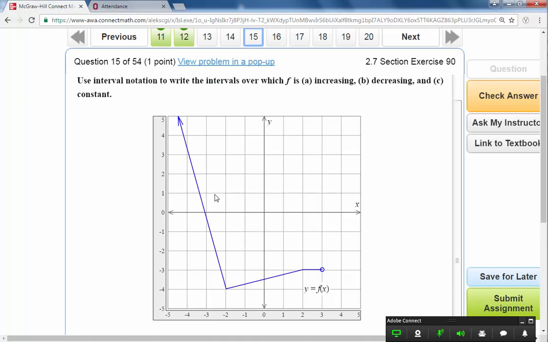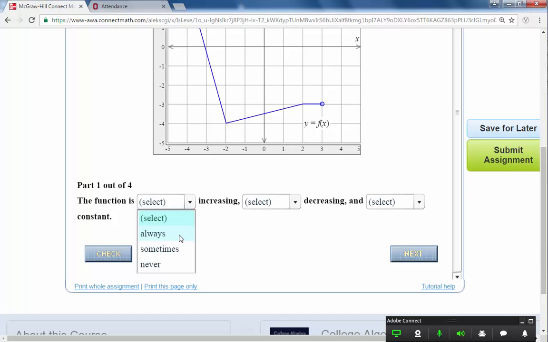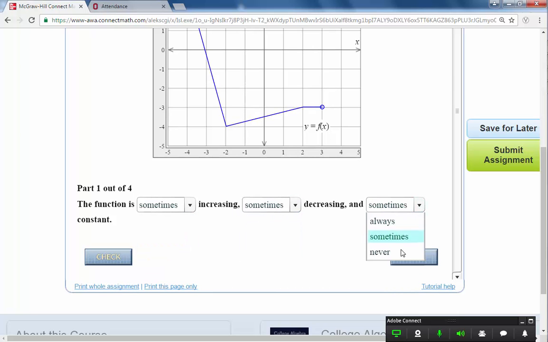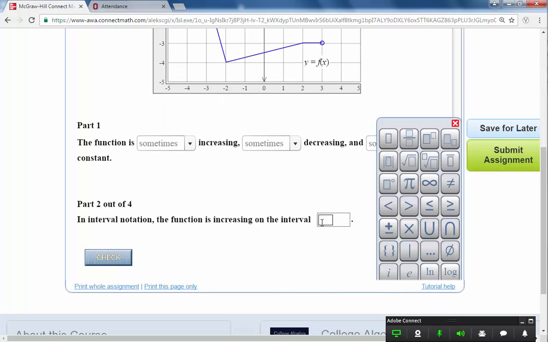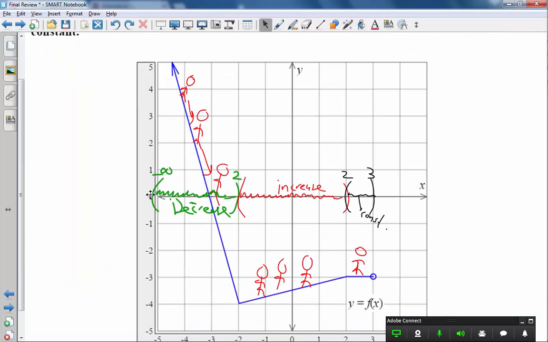And when you're writing increase and decrease intervals, always use open intervals. This is sometimes increasing, sometimes decreasing, and sometimes constant. In interval notation, it's increasing from, what was it? Oh, by the way, it's not 2. What is this number? Yeah, -2. And then you're picking up again at -2.